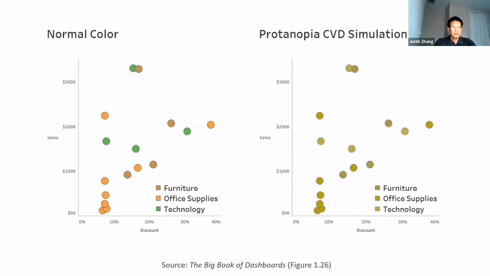So instead of saying don't use red and green, it would be more accurate to say do not use red, green, orange, and brown together. So in this example, there's no red, but the green, orange, and brown all appear to be the same color under CVD simulation.